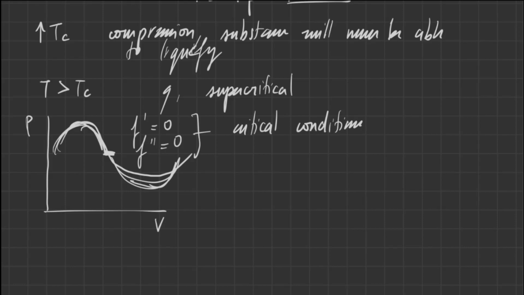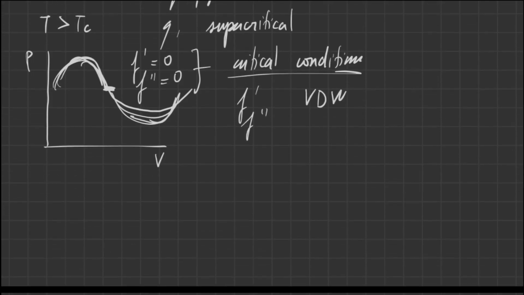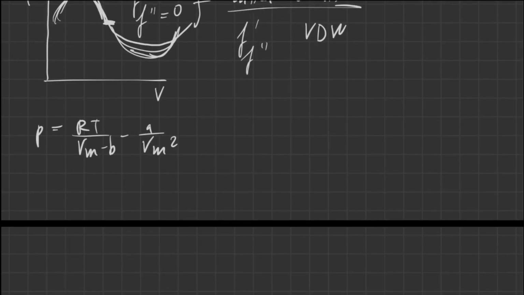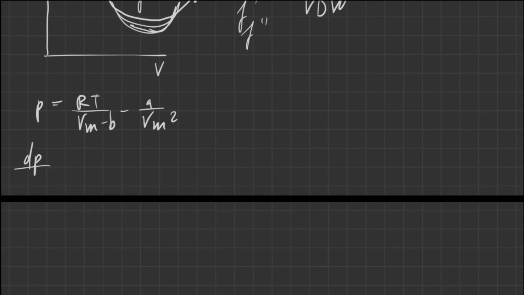So in order to evaluate the critical conditions, we come up with a system of equations using the first derivative and the second derivative of the van der Waals equation. So let's do that now. So van der Waals equation, P equals RT over Vm minus b, minus a over Vm squared. I'm using molar volume because it's easier and it's just overall less variables. So the first derivative, dP with respect to dV, is equal to the following.